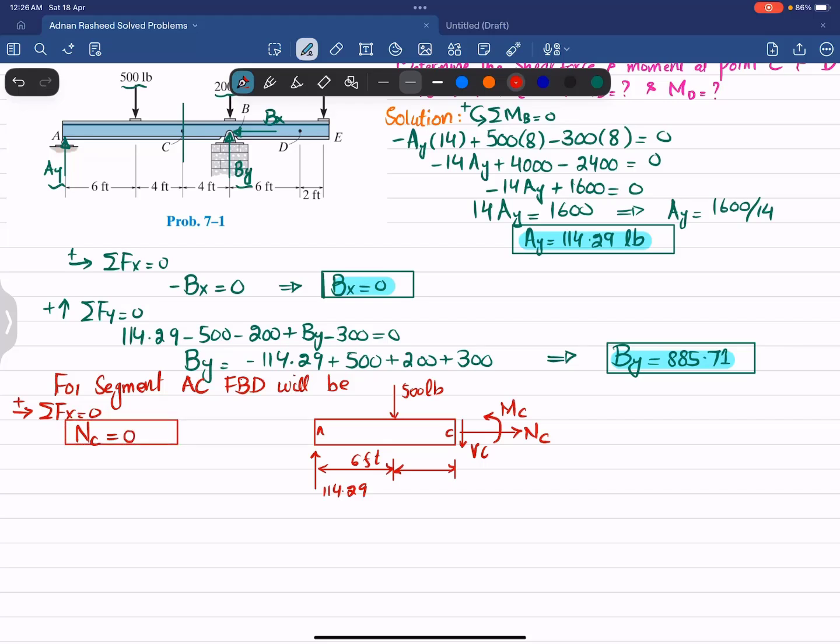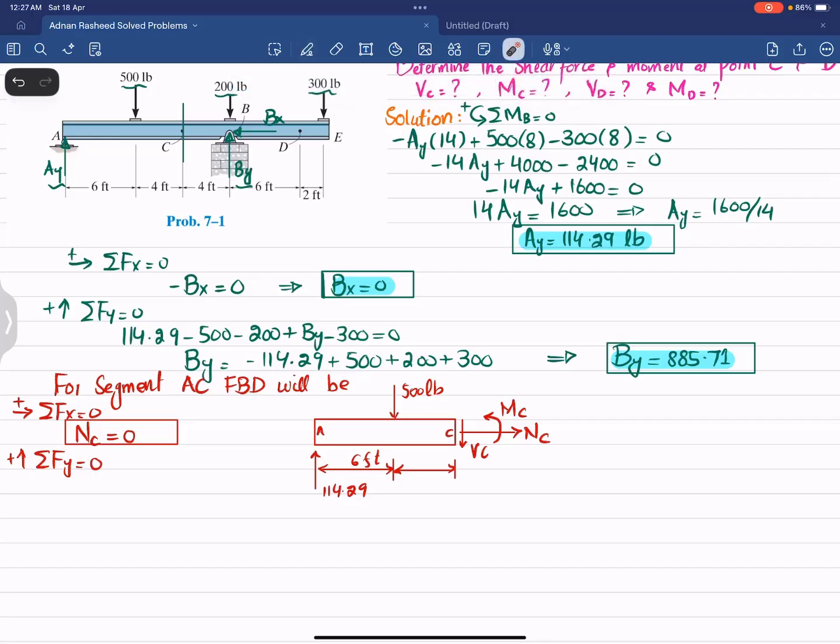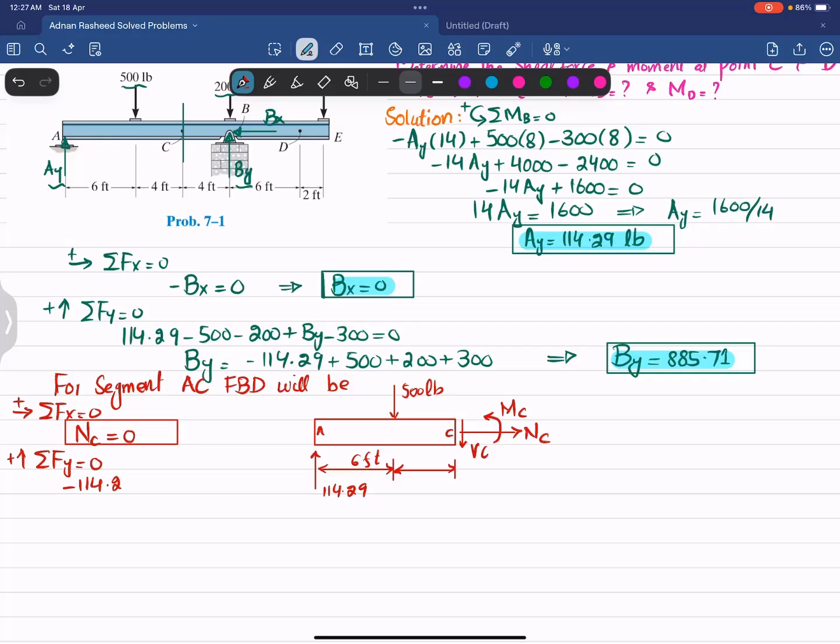Now we'll find VC by using the second equation of equilibrium, that is, the sum of all forces along the y direction must be equal to 0, and upward force is taken as positive. So the vertical forces are 114.29, which is upward, minus 500 minus VC is equal to 0.